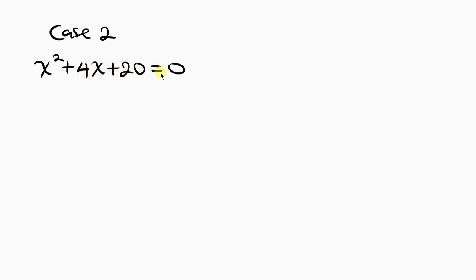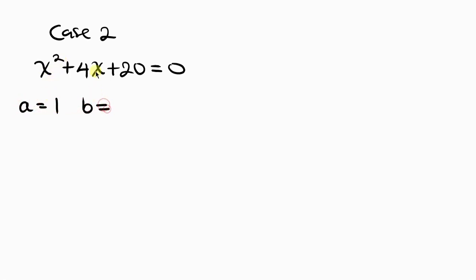So for the second case, let's call this case 2. I have x squared plus 4x plus 20 equal to 0. I'm going to be using the quadratic formula to solve this. So using the quadratic formula, a is the coefficient of x squared, and that's 1.